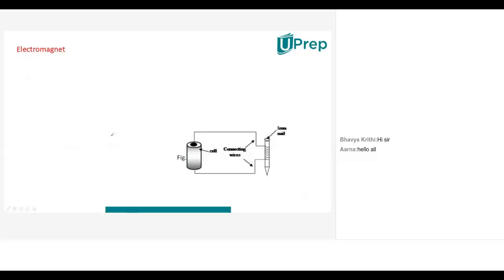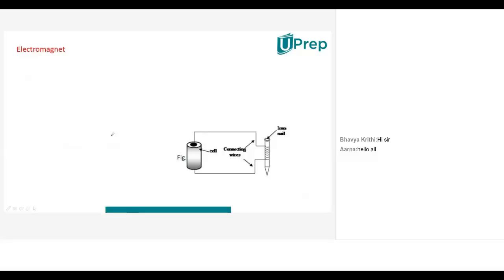Having excess number of electrons or having deficiency of an electron. If electron is acquired by it, it will become negative. If electron is lost by it, it will become positive. So positive and negative ions will form when electricity passes through the electrolyte, and this process will be called electrolysis. What will this process be called? Electrolysis. By using the electrolysis process, we do electroplating.